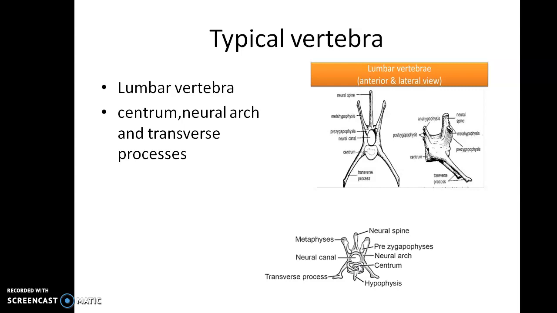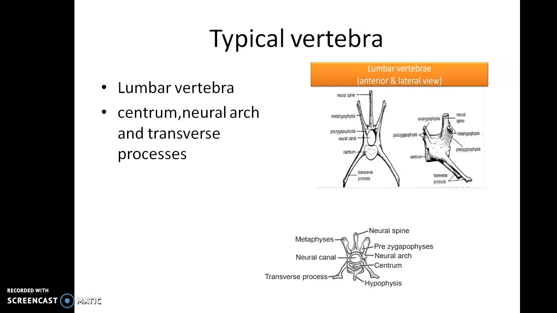Fused at each end of the centrum is an epiphysis. Then from the centrum there is a neural arch which encloses the neural canal for the passage of spinal cord. At the base of the neural arch is a pair of notches in the front and the back.